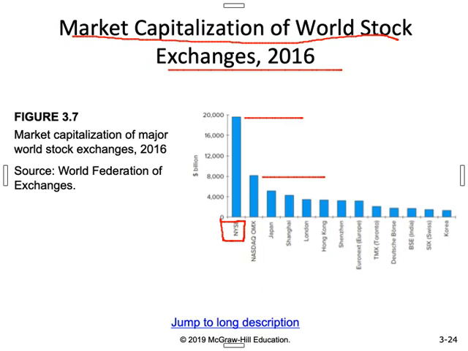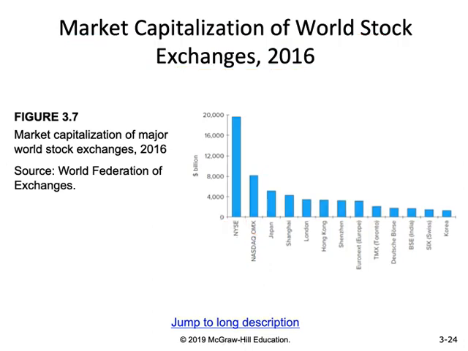The total of all the market caps on an exchange shows you that there's quite a bit of difference between the New York and the second place contender, which happens to be the NASDAQ. And then we move to Japan and so forth. The non-American exchanges are typically considerably smaller than the American ones, much to our favor here.